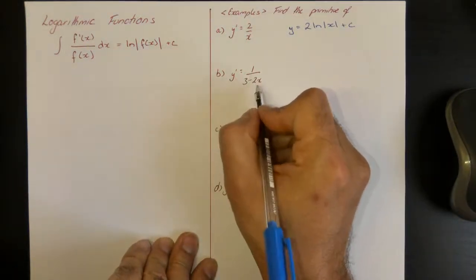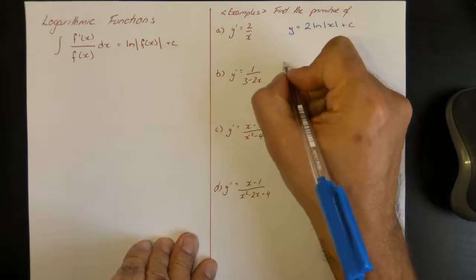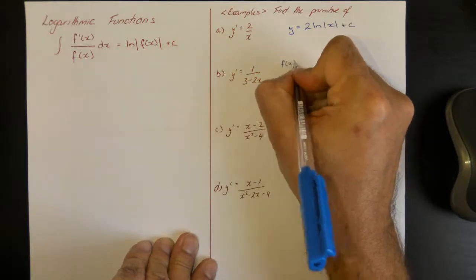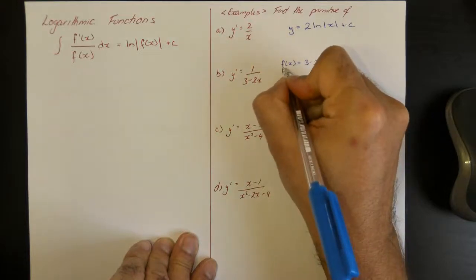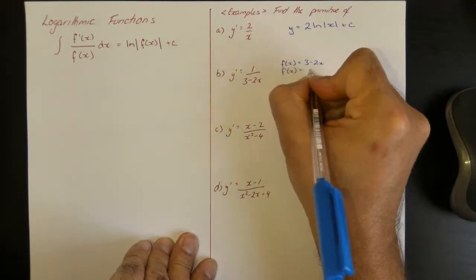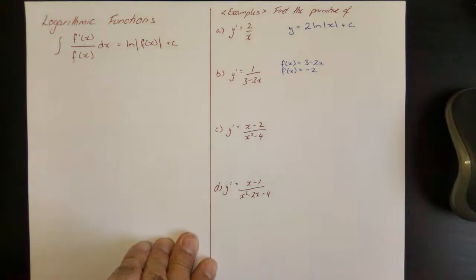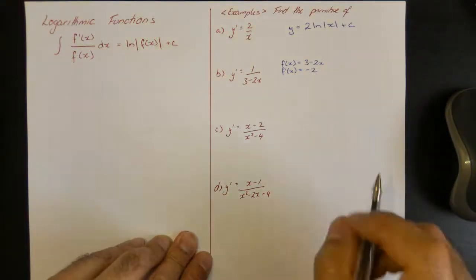Y dash equals 1 over 3 minus 2x. If I let f of x be 3 minus 2x, then f dash of x equals negative 2. Right?